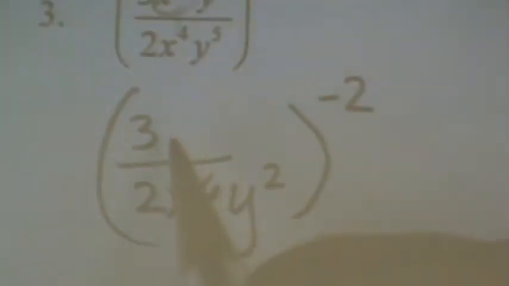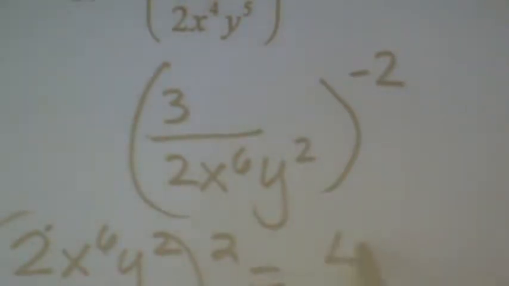So if you flipped this fraction, the 3 would go in the denominator, and the numerator would be the 2x to the 6 y squared. But you have to square this. So your answer is going to be 4 x to the 12th, y to the 4th, over 3 squared is 9. Everything has to be squared.